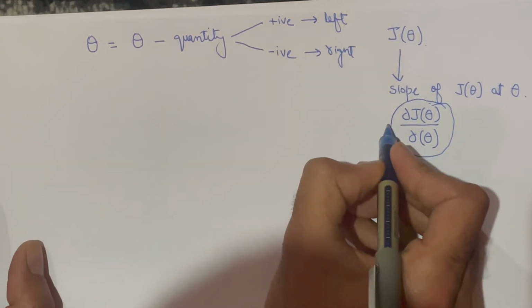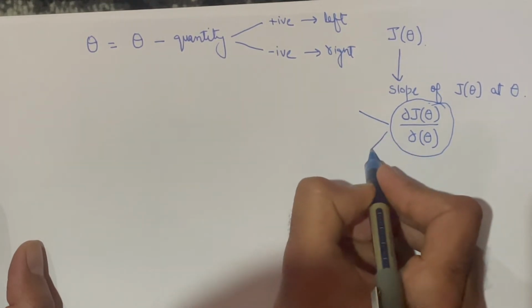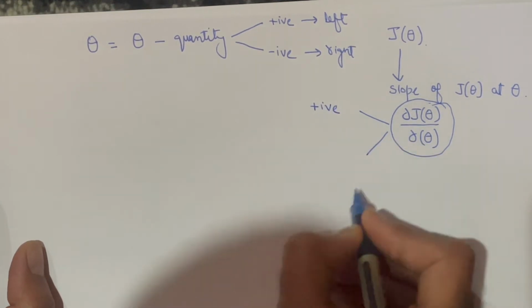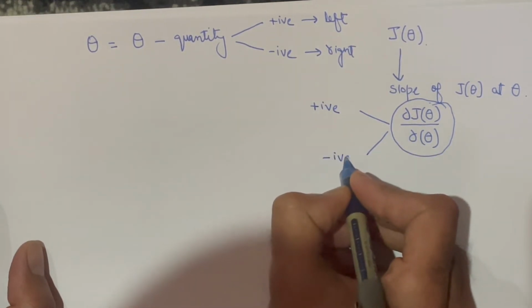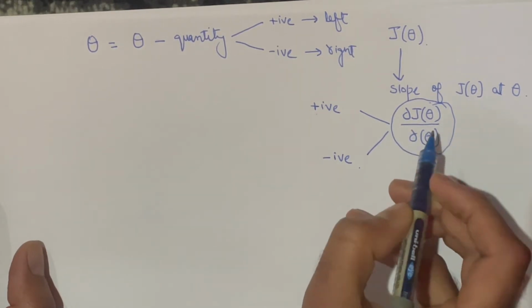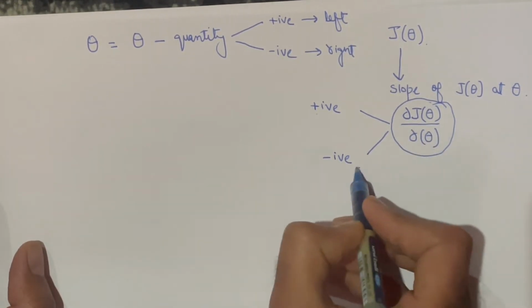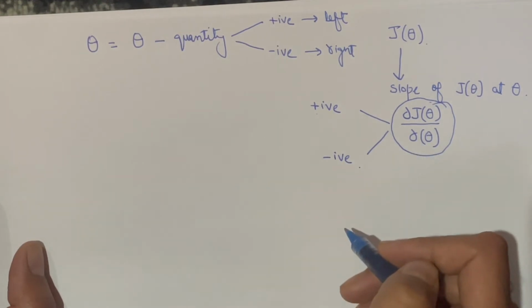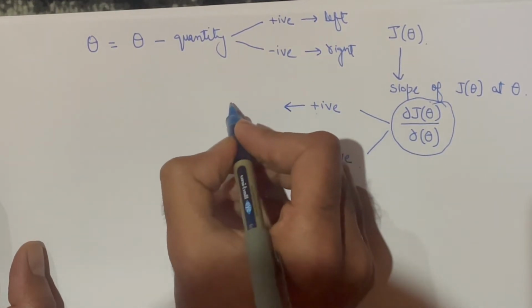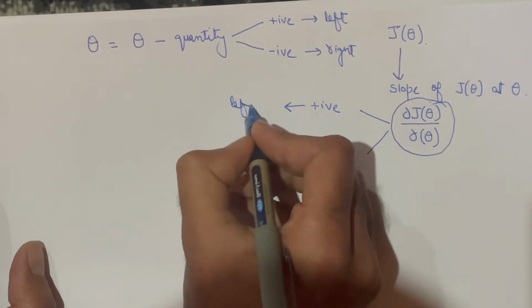So there are two possibilities. This quantity can be positive, can be negative. This quantity will be positive if the slope is positive. This quantity will be negative if the slope is negative. So if it is positive, then we have to move in the left direction.